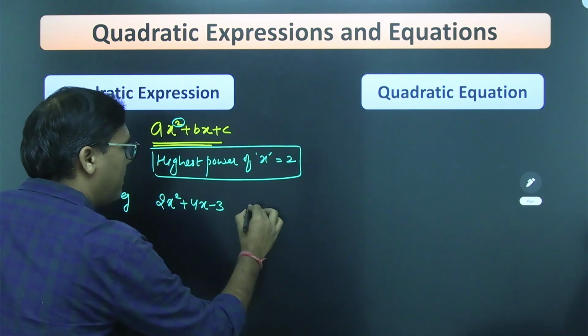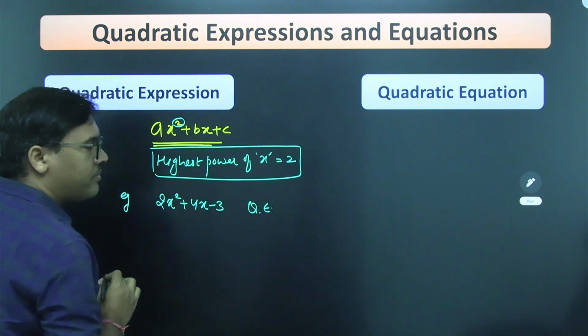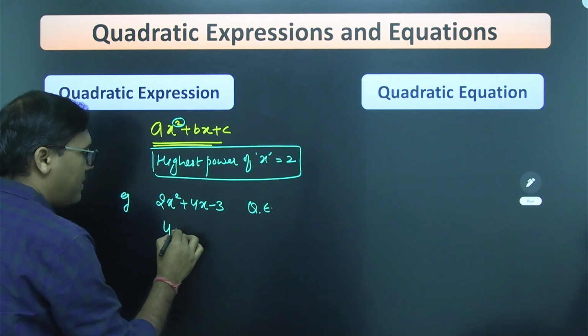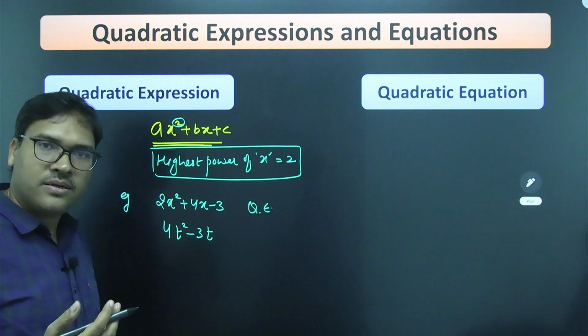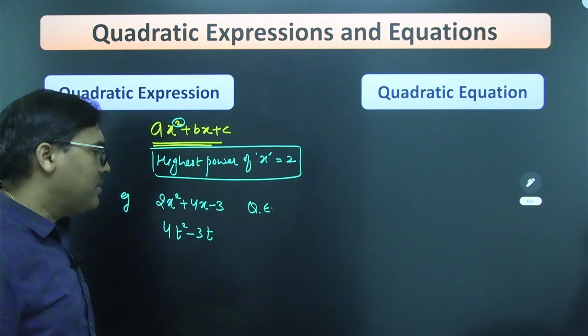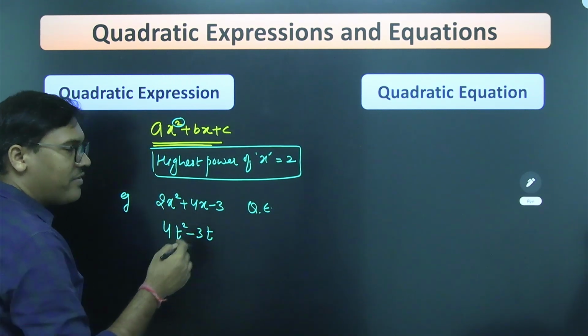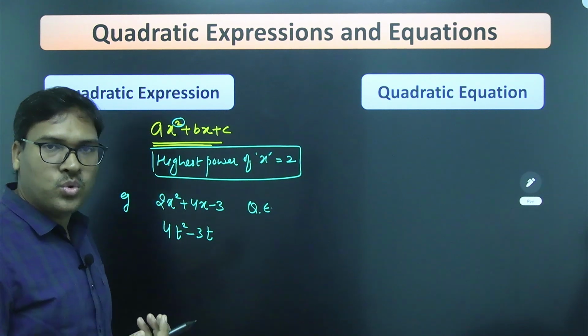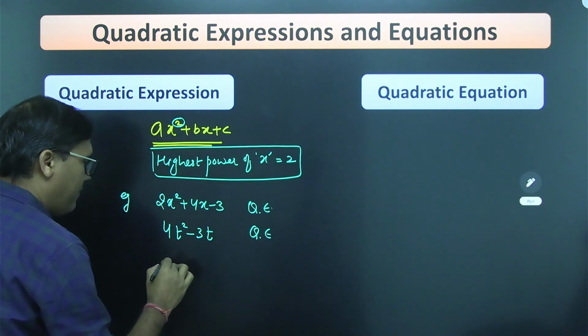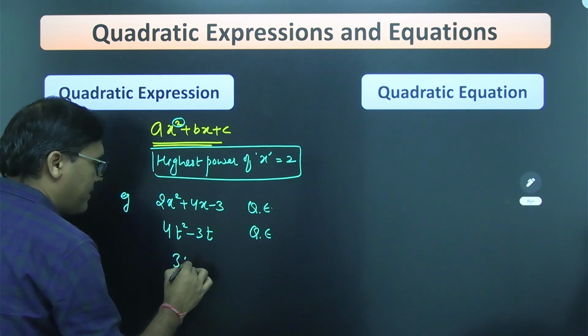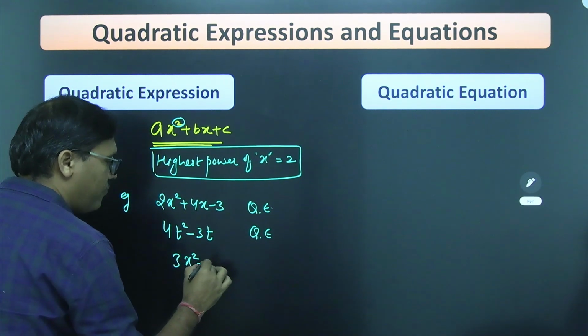So this is a quadratic expression. Let's say you have 4t square minus 3t. This is another quadratic expression because the highest power of the variable t is 2. Now let's say you have 3x square minus 4.